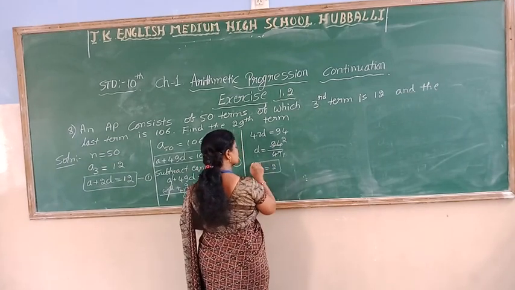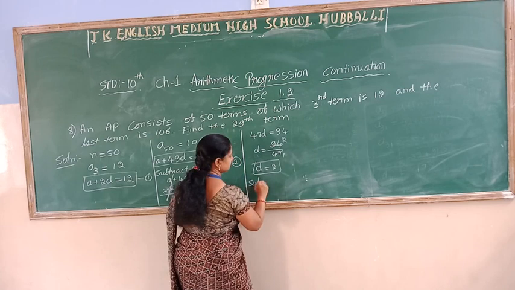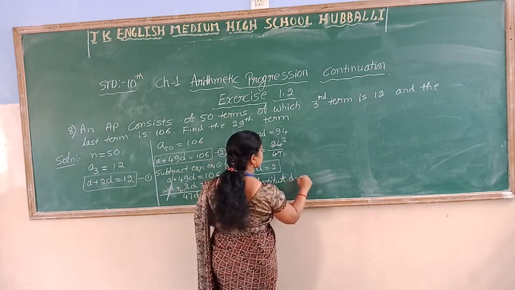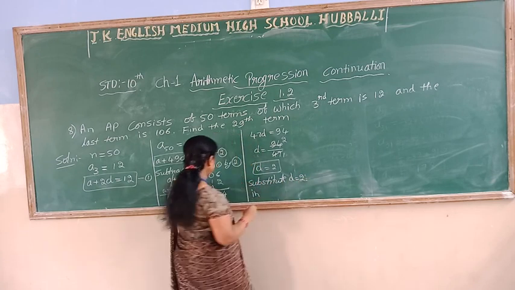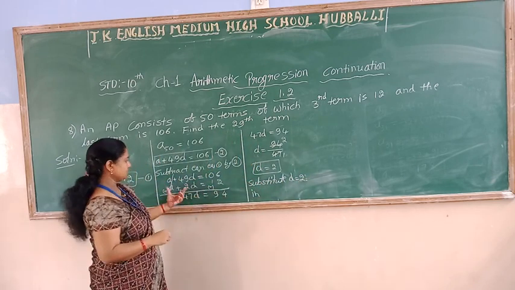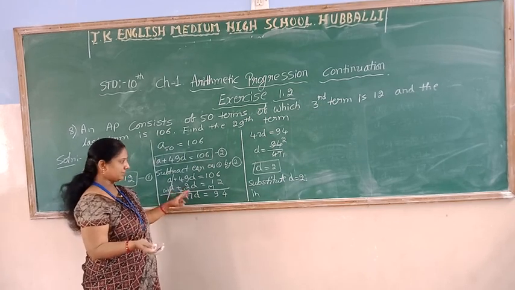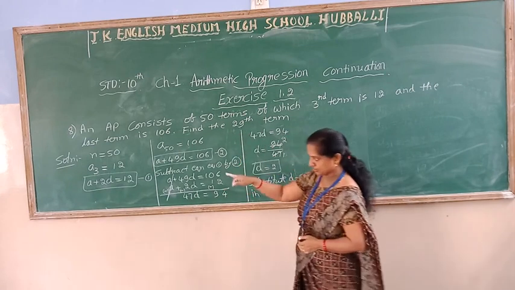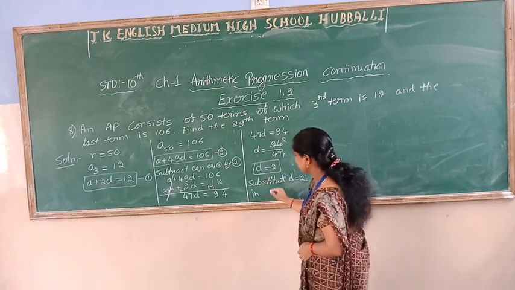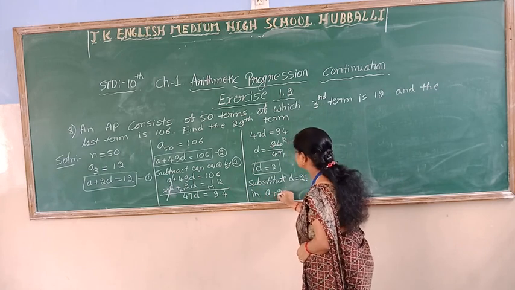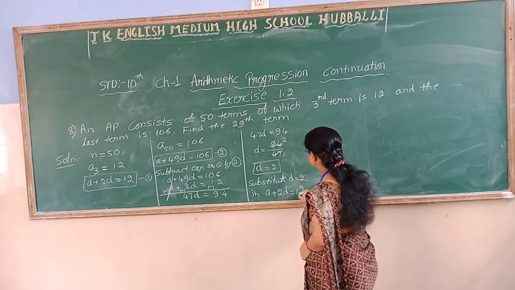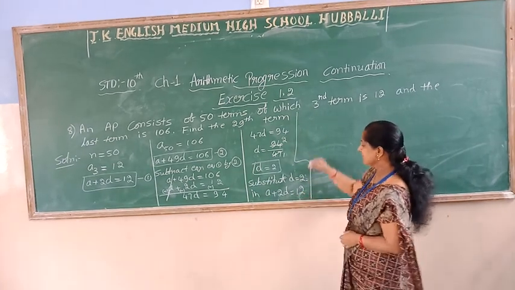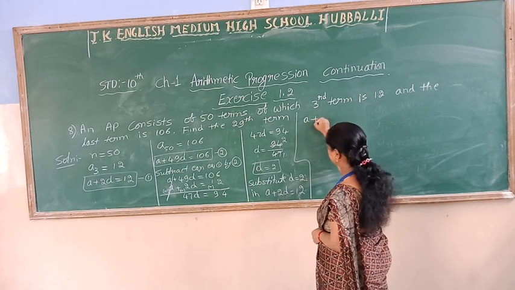Then I have to substitute this d value, d is equal to 2, in any one of these equations. Whichever you want, you can choose and substitute. I am choosing the first equation, a plus 2d is equal to 12. If you substitute the d value in this, you are going to get the a value.